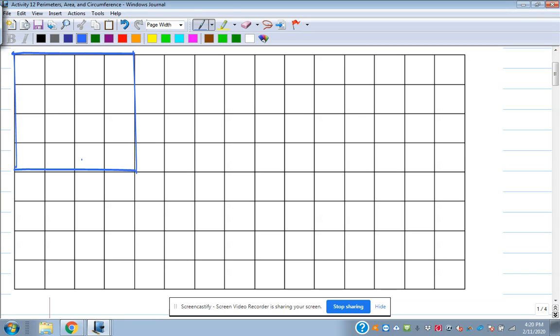It has a perimeter of 16 centimeters. You just have to make sure you have room to get 2 in there. It doesn't matter where you draw them. Each box is a centimeter long, so this is 4, this is 4, this is 4, and this is 4. The whole thing adds up to 16.